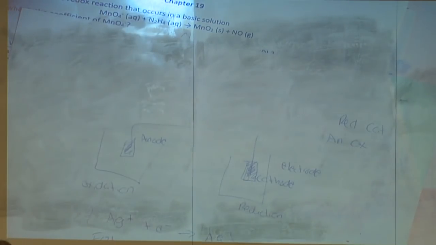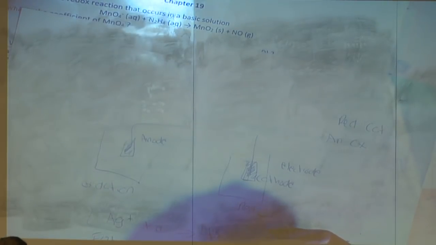Don't be nervous. All right, so we said reduction occurs in the cathode half. Let's label. We said we flip the iron, so iron is the oxidation half. And that means this Ag is the reduction half.